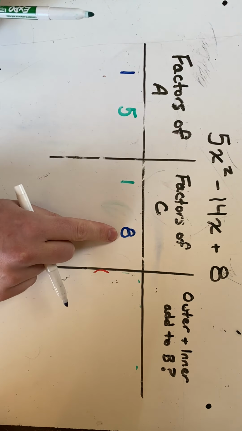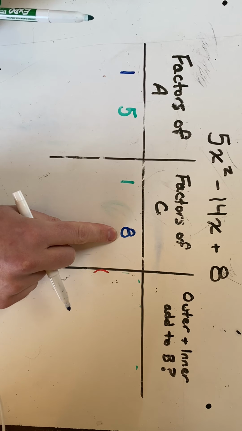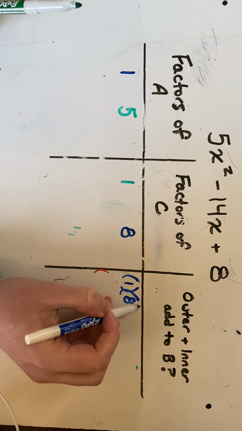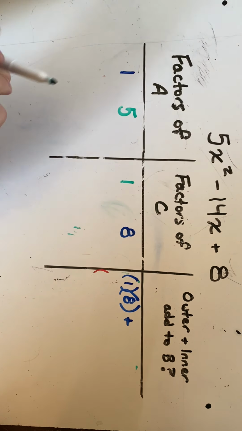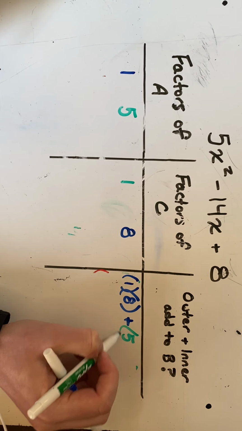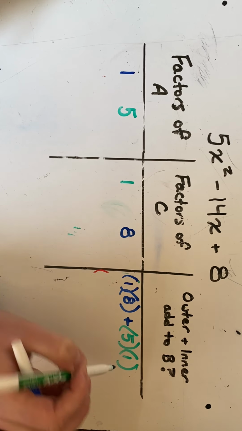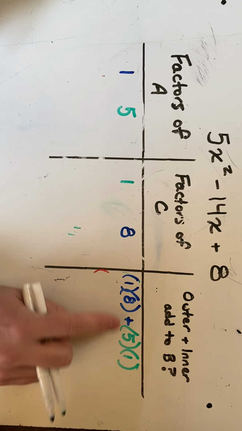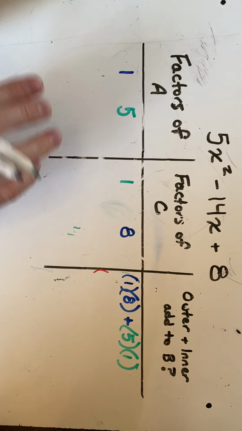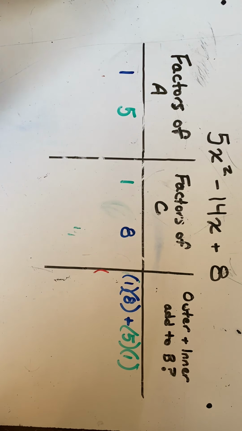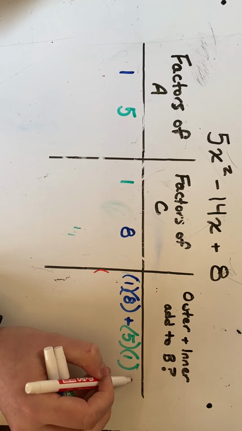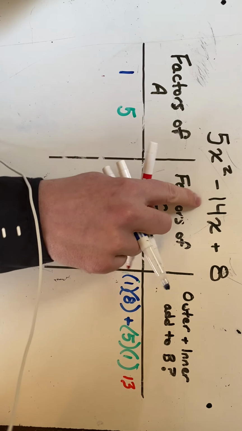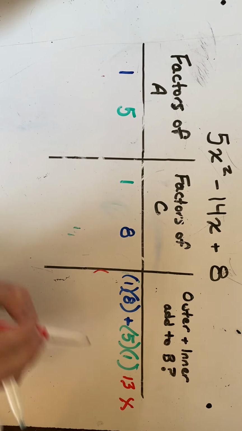So 1 times 8, that's my outer, plus my inner, which is 5 and 1. So 1 times 8 is 8, 5 times 1 is 5, so 8 plus 5 gives me 13. Well, that doesn't match my b, so that's not it.